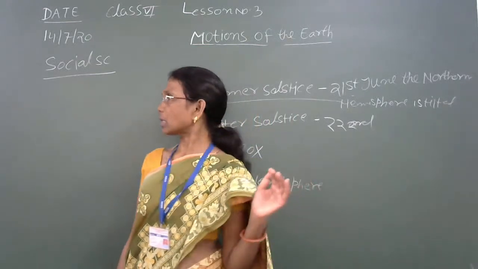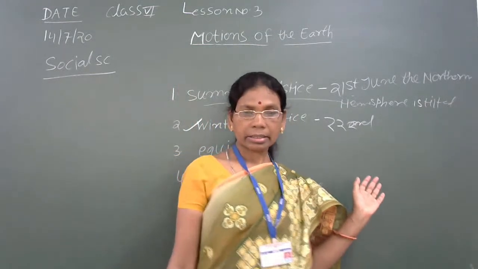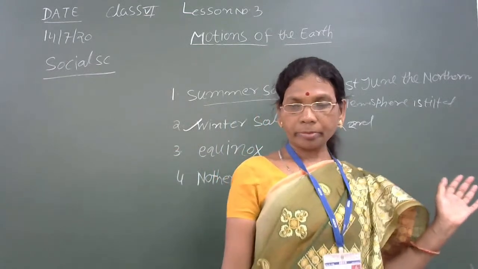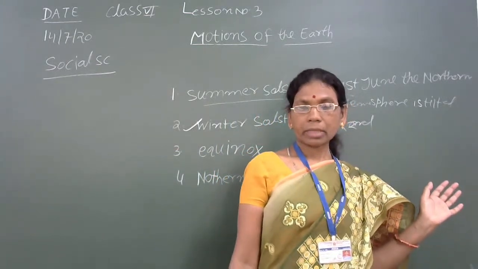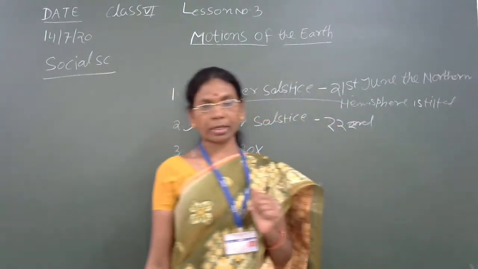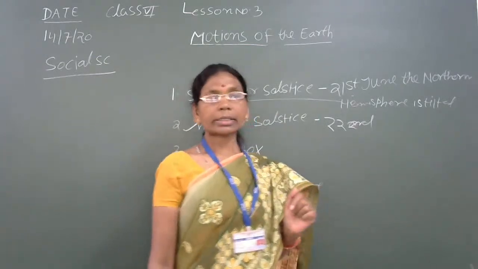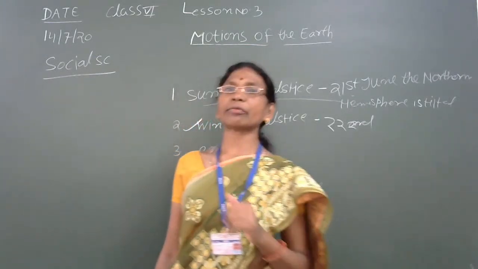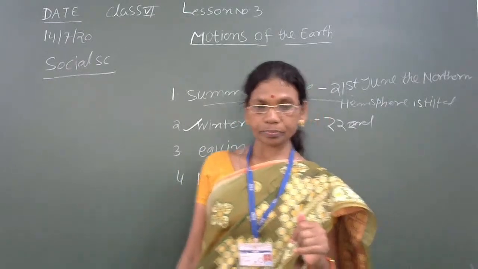So now the sun rays fall vertically at the Tropic of Capricorn, 23 1/2 degrees south.